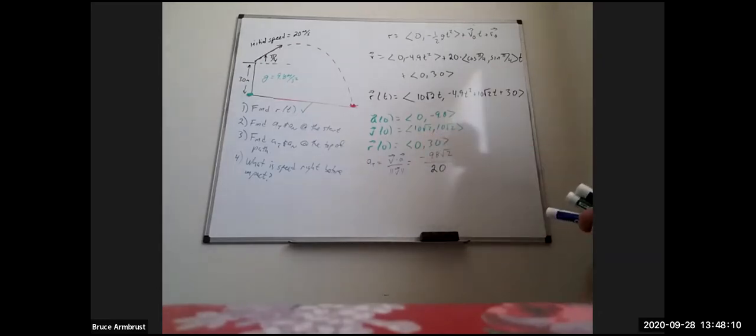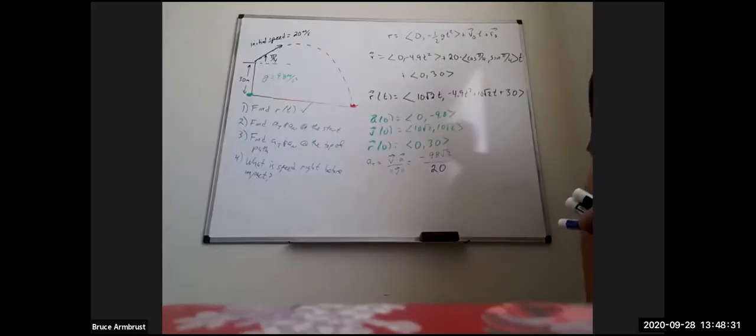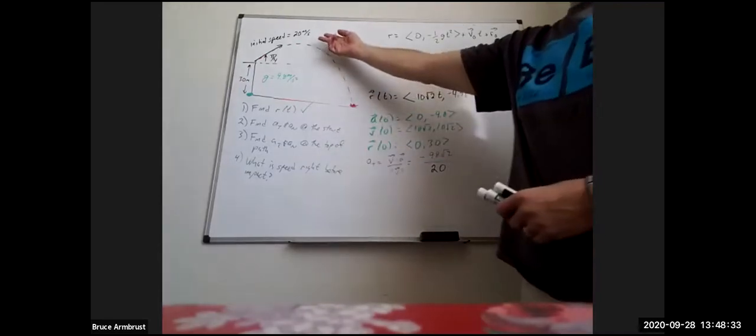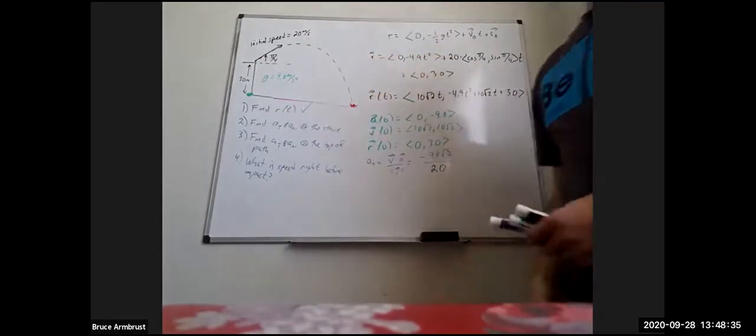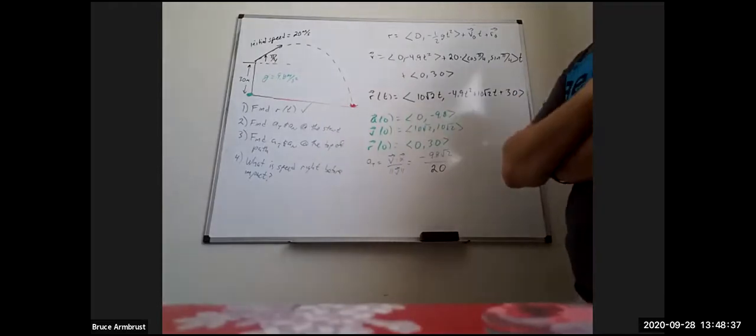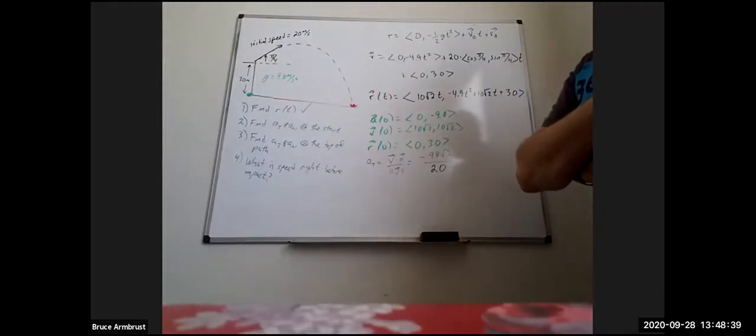I mean, if you want, do the Pythagorean theorem on this, that's fine. But how do I know it's 20? Without even calculating. It's going to be the square root of 400, which is 20. But it was what I gave you at the start. I told you the initial speed was 20 meters per second.